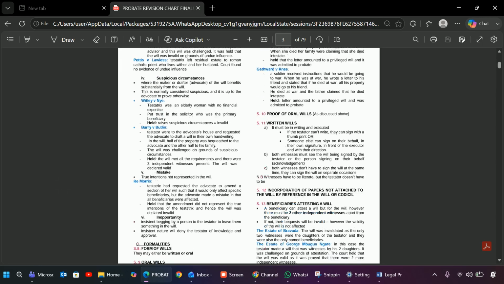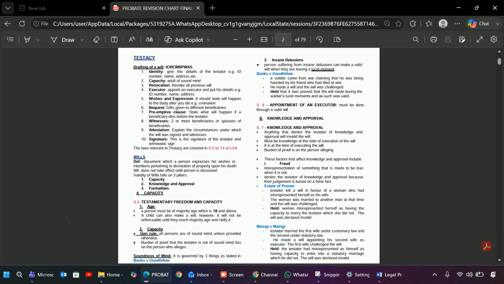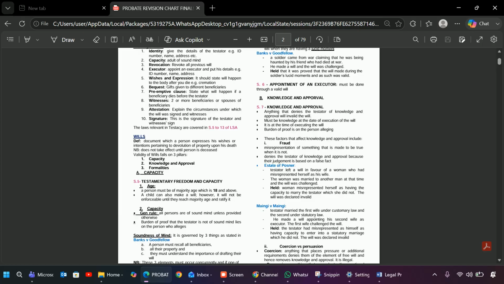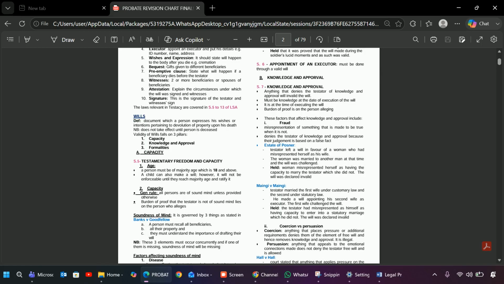So basically, the examiners will want to confuse you with various elements, to make sure you don't understand what factors affect knowledge and approval. We have categorically said that knowledge and approval is one of the three pillars. We have capacity, knowledge and approval, and formalities, where a student should always confirm whether the will meets the criteria.